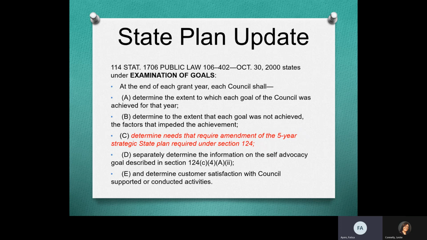And then separately, we determine the information on the self-advocacy goal described in that section. And we determine the consumer satisfaction with council supported and conducted activities. There's a whole video segment on consumer satisfaction that if you haven't seen it, you need to go back and look at it.